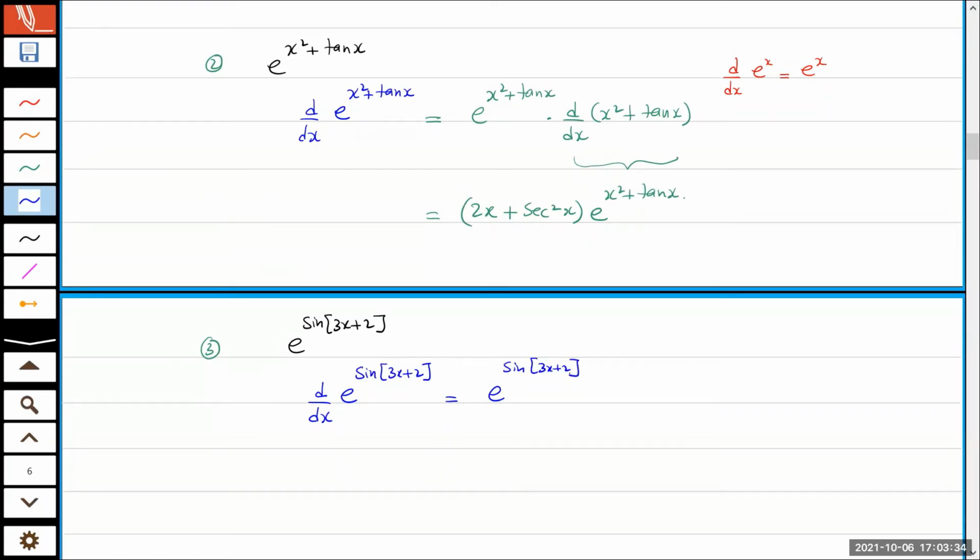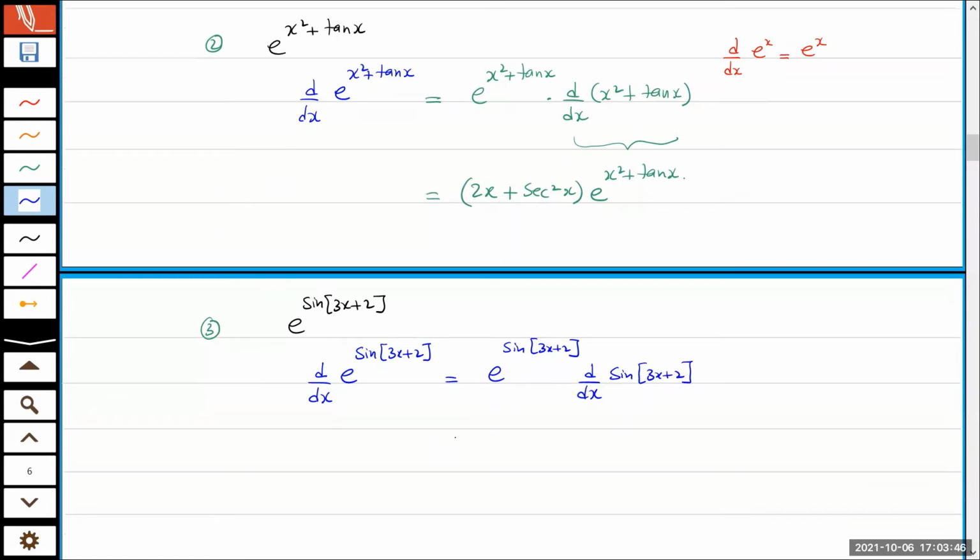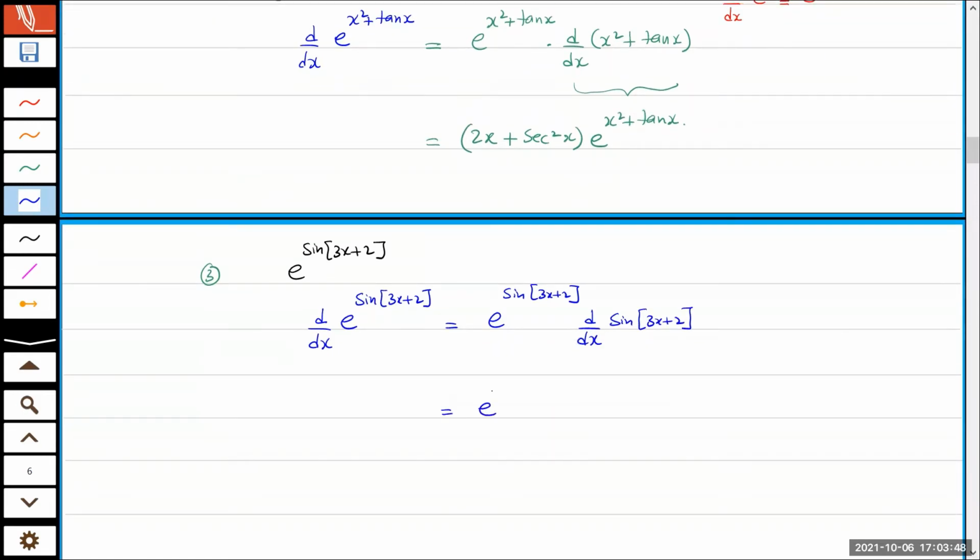The exponential just comes back. Now I deal with the exponent.